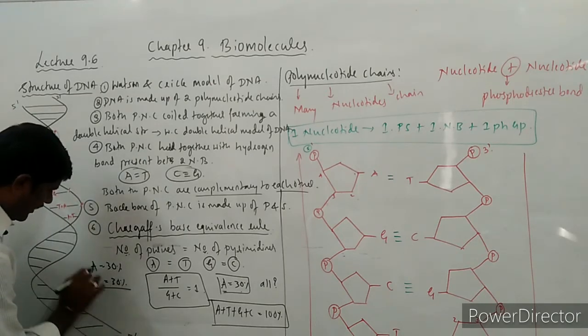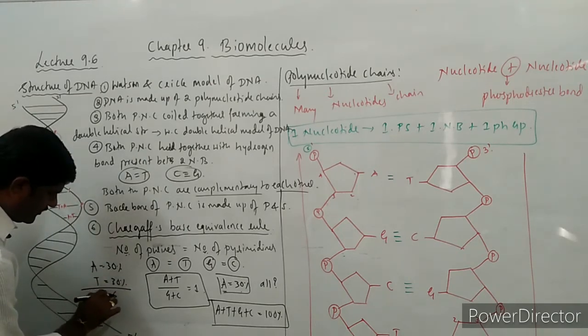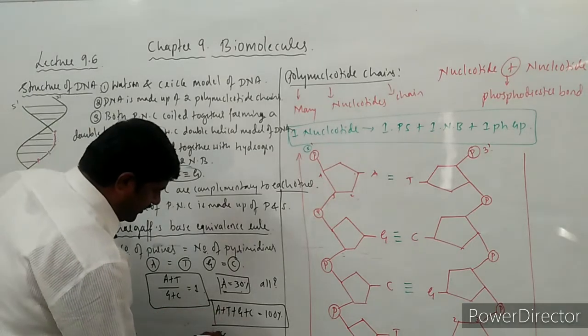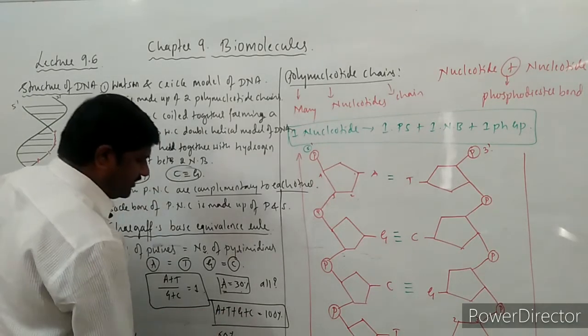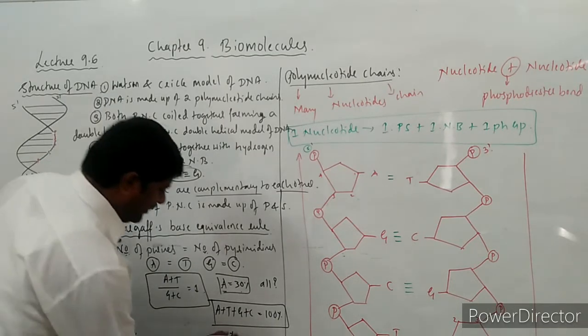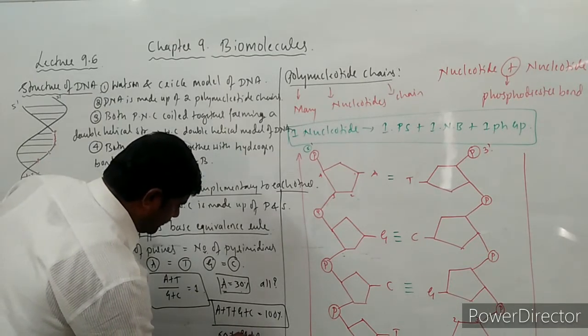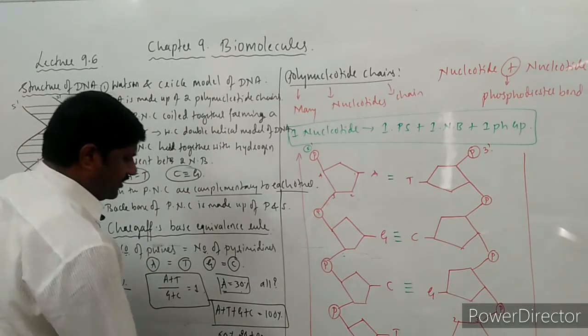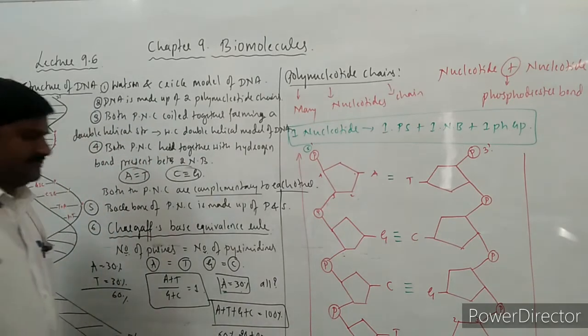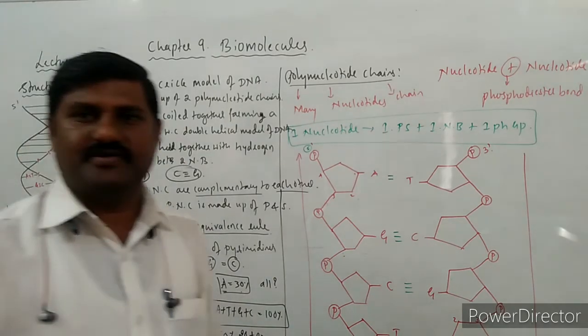A plus T is 60%. For the remaining G and C, that is 20 plus 20, totally 100%.